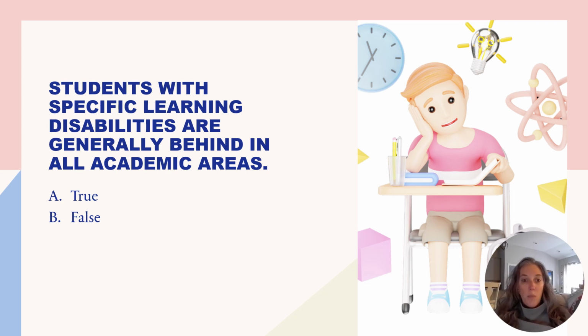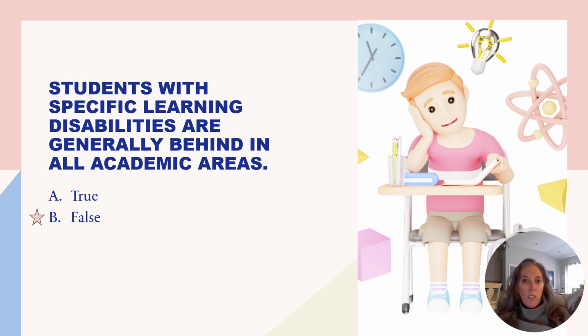Students with specific learning disabilities are generally behind in all academic areas, true or false? So the answer to this one is false. Specific learning disabilities means that the student has a disorder in one or more of the basic psychological processes that involve understanding or using language that shows up in a way that the student doesn't have the best ability to listen, think, speak, read, write, spell, or do math calculations.